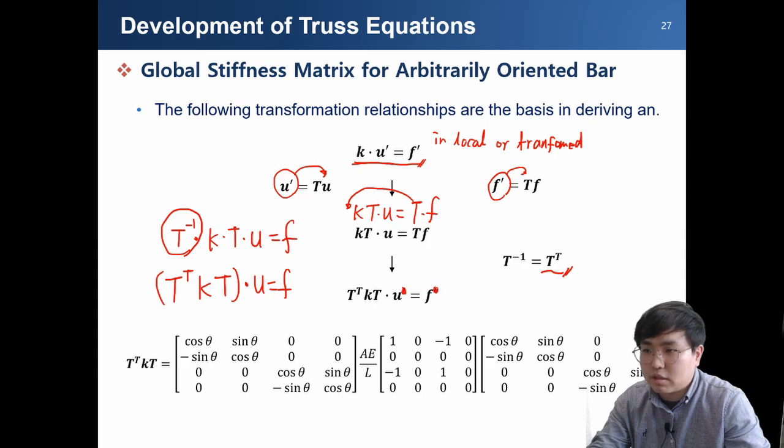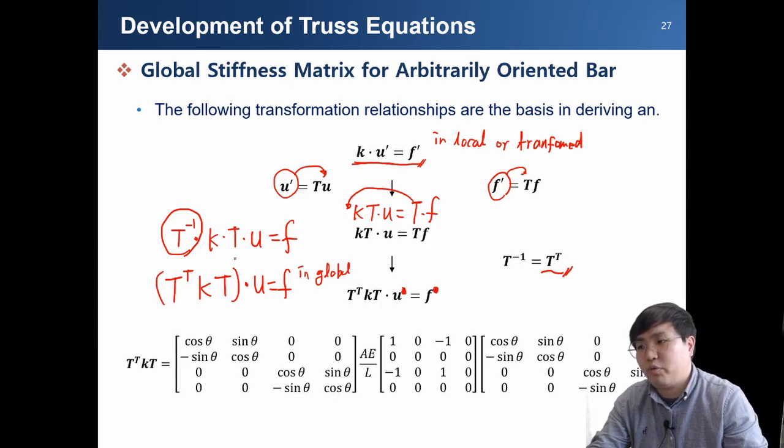I think I have some typo in our PPT slide. So this is the final expression of the stiffness matrix equation in the global coordinate system.